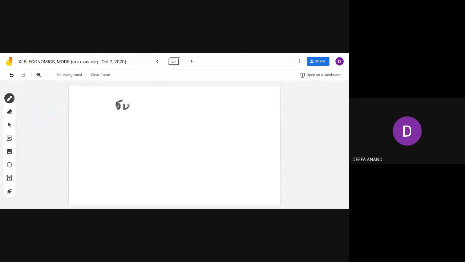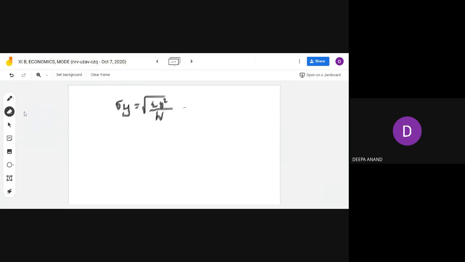Standard deviation of y series is given, which is root of sigma y square by n.